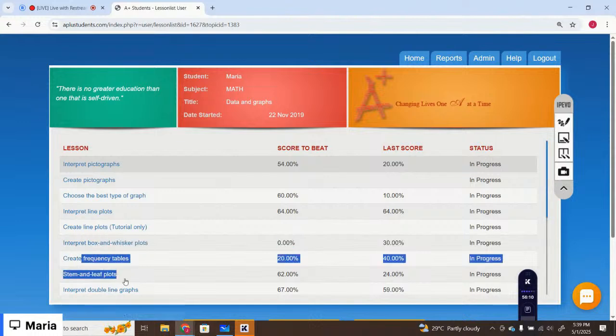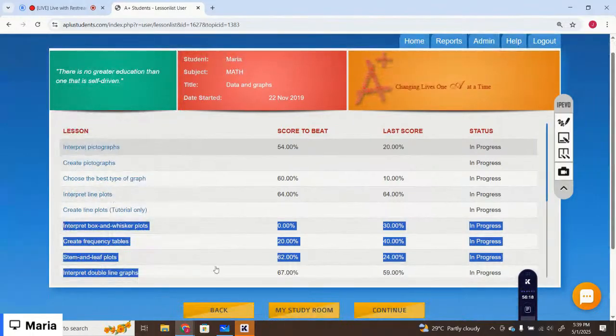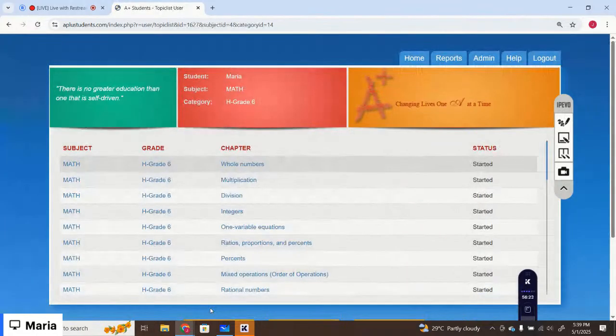The lessons we have covered today are interpret box and whisker plots, create frequency tables, stem and leaf plots, and interpret double line graphs. So please make sure before the next session you complete all the practice questions for the lessons you just did. That is your homework until the next session.